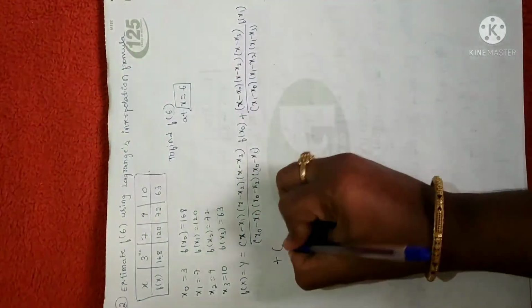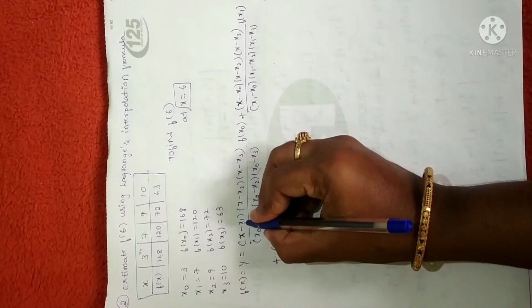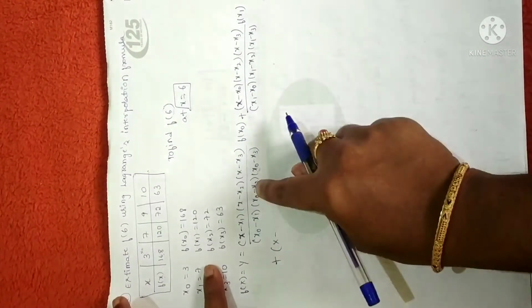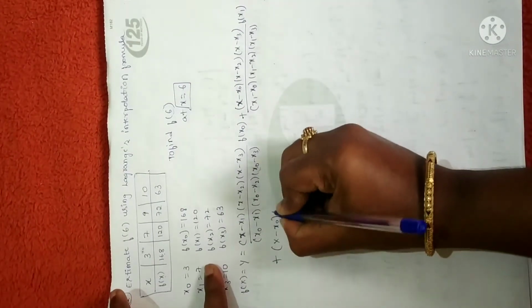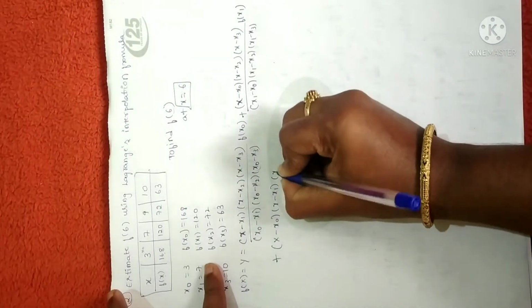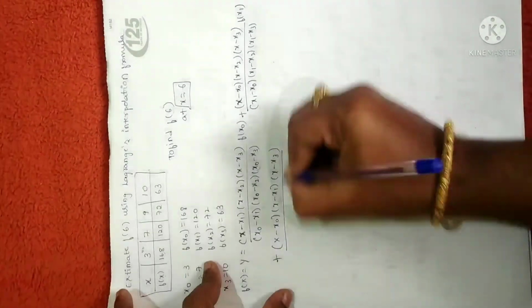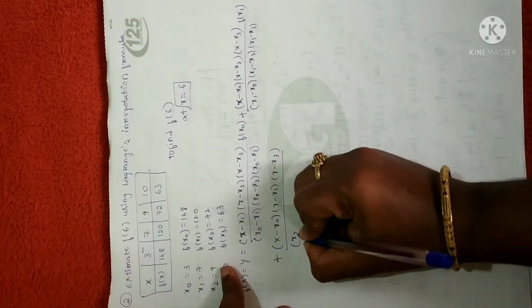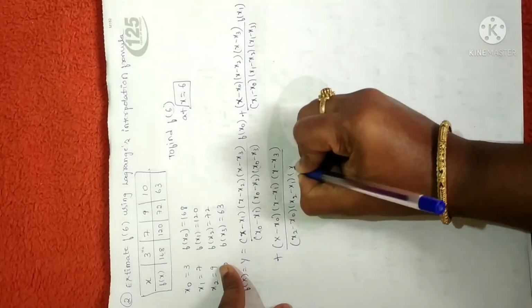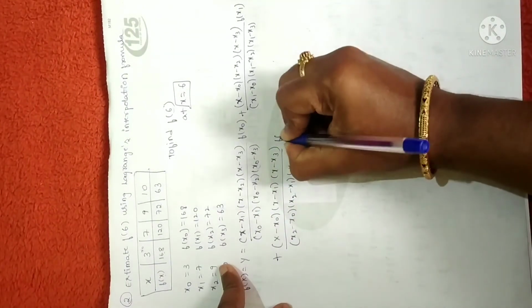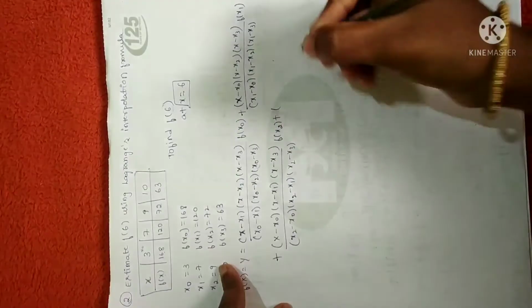The third term will be x as it is. Next, x2 we have to leave. So x minus x naught, x minus x1, x minus x3 divided by, now we have to replace x with x2: x2 minus x naught, x2 minus x1, x2 minus x3 into f of x2.